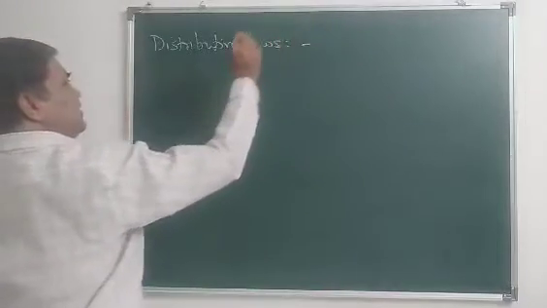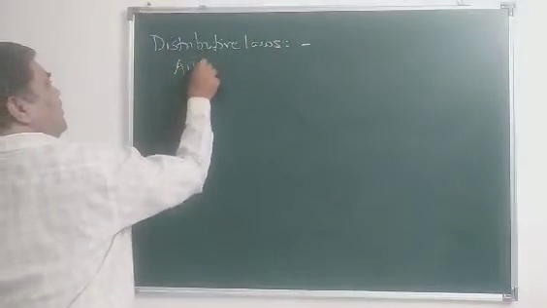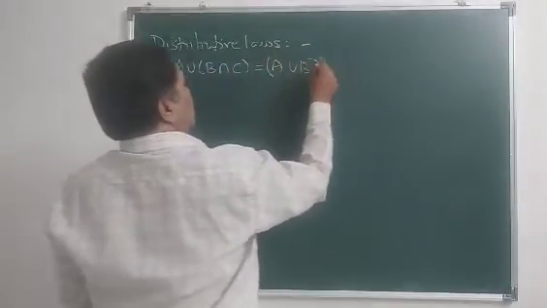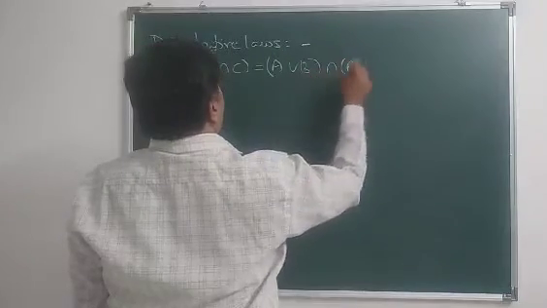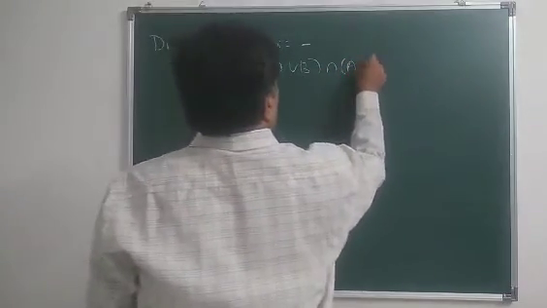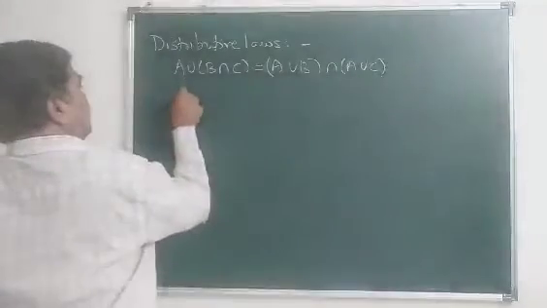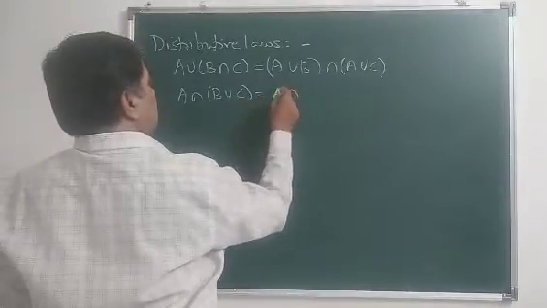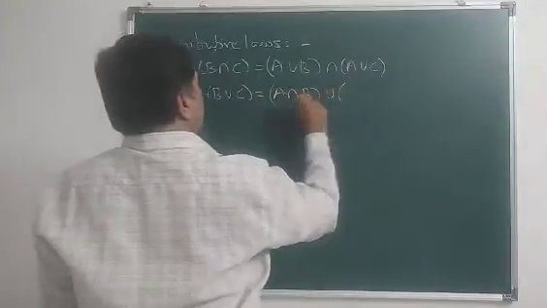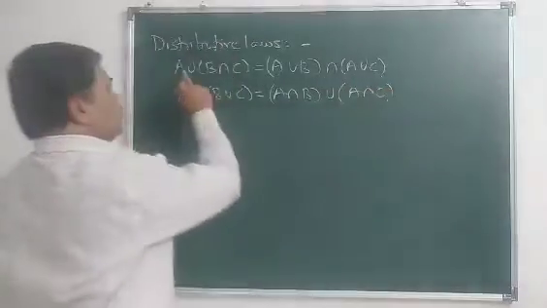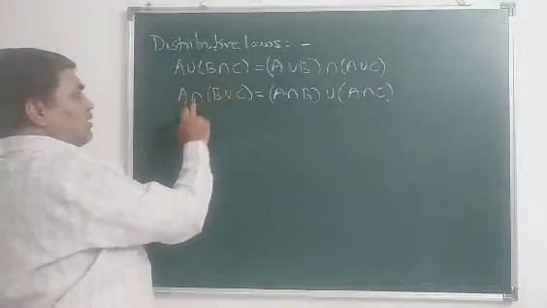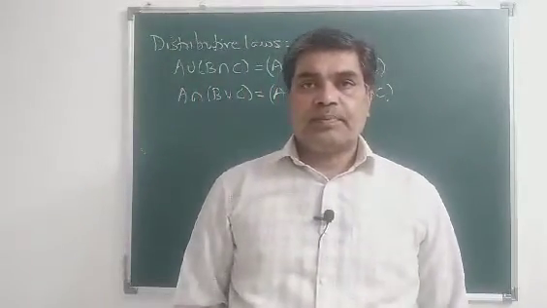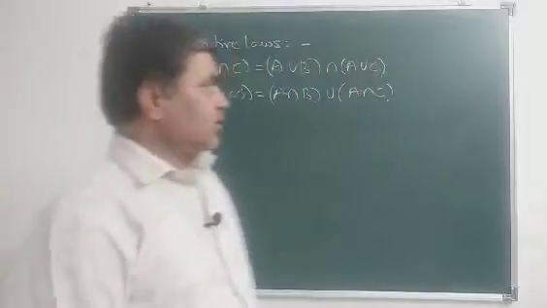For three sets A, B, C in the universal set, A union B intersection C is the same as A union B intersection A union C. And A intersection B union C is equal to A intersection B union A intersection C. Means union distributes over intersection, and intersection distributes over union. These are the distributive laws.